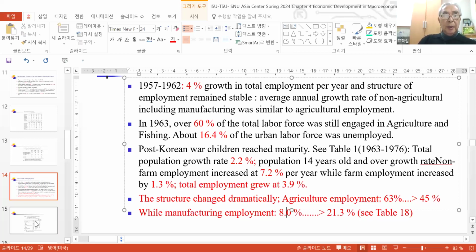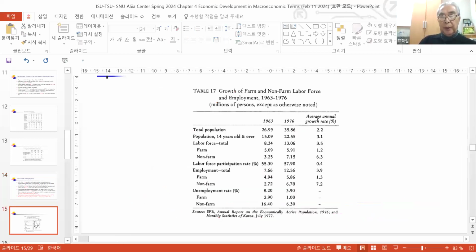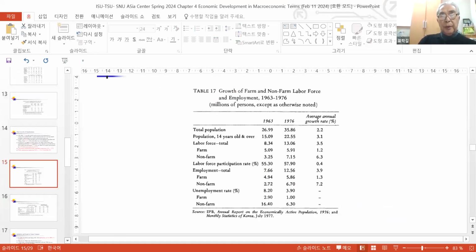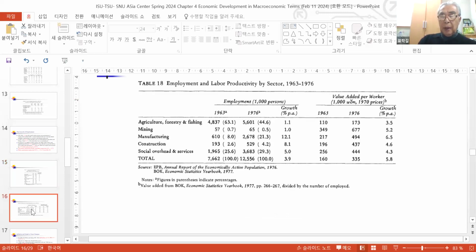Table 18, please pay attention to table 18. And then in your midterm exam, for example, I can give you table 17, I can give you table 18, and I may ask you to interpret. Multiple choice.